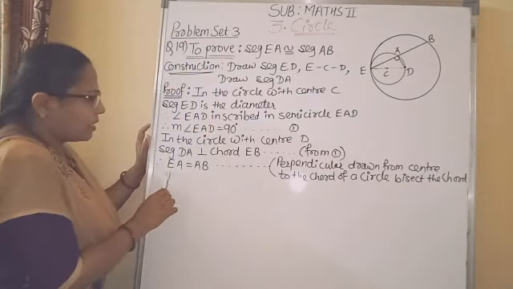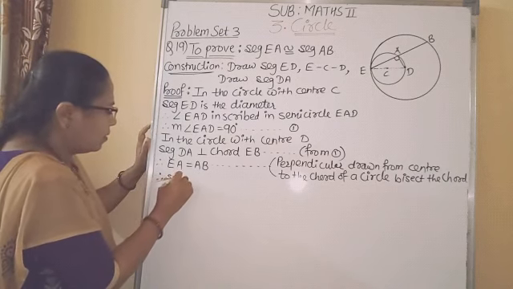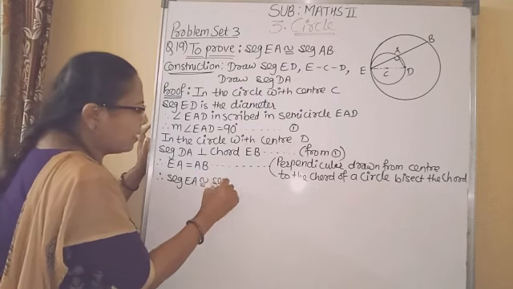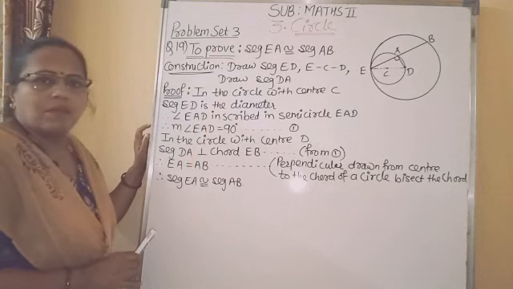So therefore we got EA equal to AB, and therefore segment EA is congruent to segment AB. So this way we prove this. Followed?